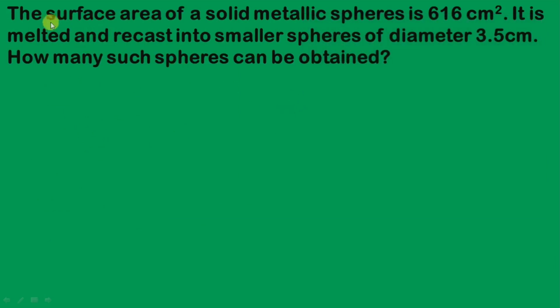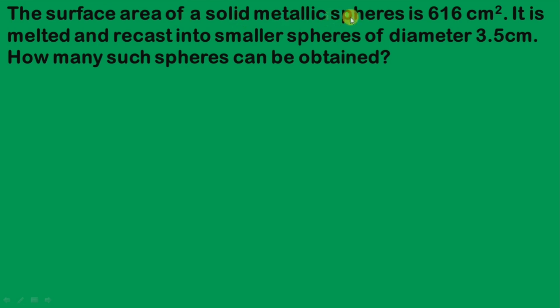My next question is: the surface area of a solid metallic sphere is 616 centimeters square. It is melted and recast into smaller spheres of diameter 3.5 centimeter. How many such spheres can be obtained?